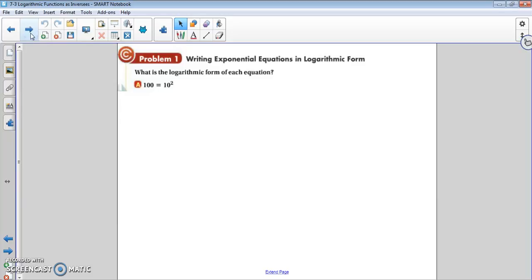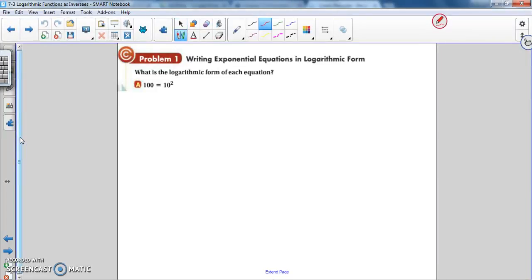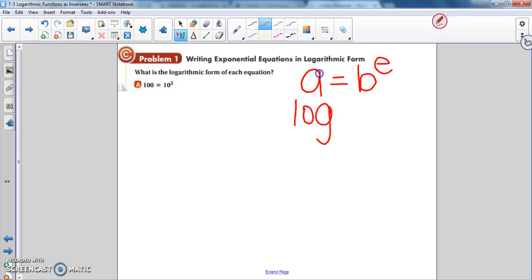So problem 1, writing exponential equations in logarithmic form. What is the logarithmic form of each equation? Remember abe, and remember log is b.